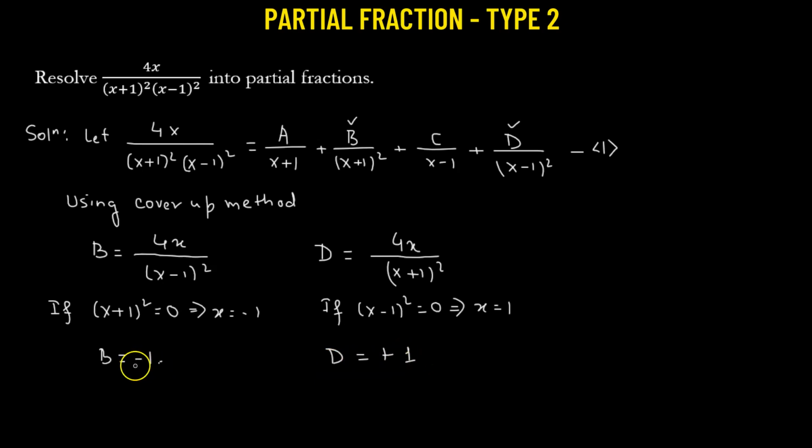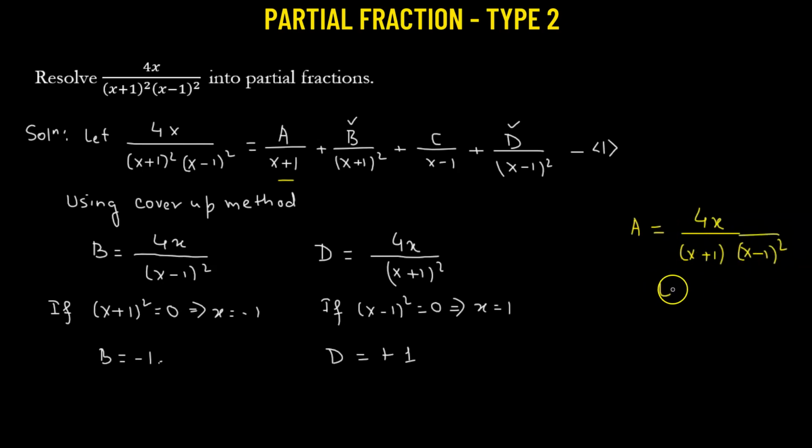Now that we have obtained the values of B and D, what about the values of A and C? We can't use the cover-up method to find them. That's because, let's say we use the cover-up method to find A. Then A comes out to be 4x divided by, looking at the factor of A, which is x plus 1, we cover up x plus 1, meaning we are still left with x plus 1 in the denominator, multiplied by (x minus 1) whole squared.